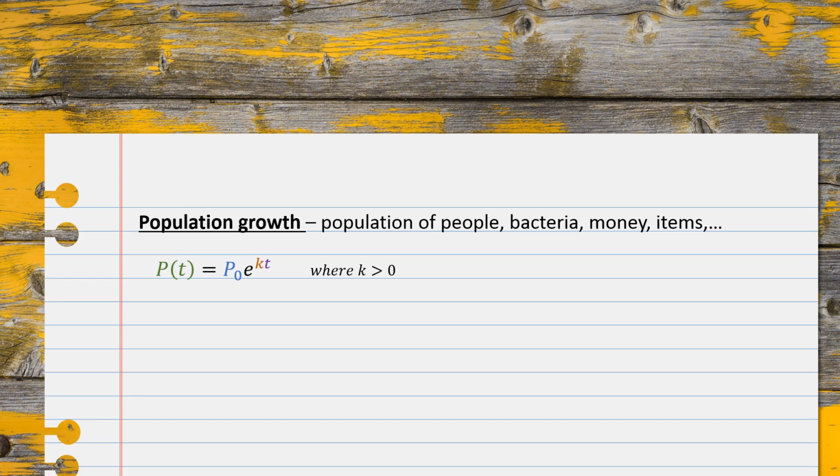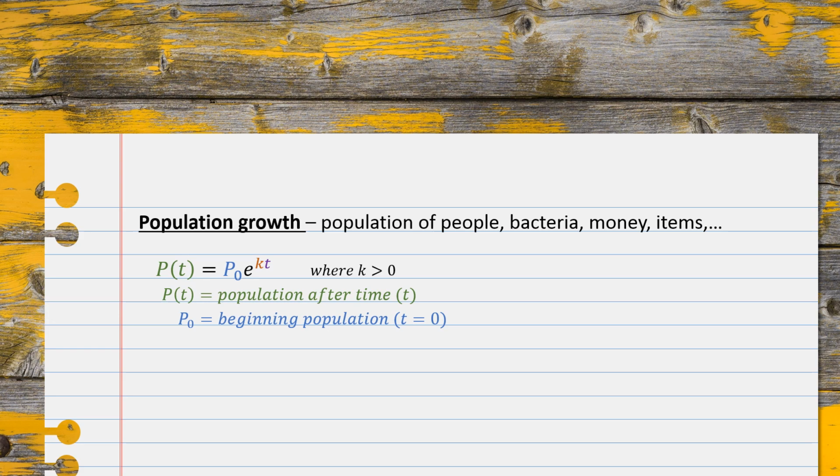Now, this is a new equation, so let's make sure we understand all of those parts. P of t means the population after a certain amount of time. Next, P naught. That basically is P with a sunken down 0. Simply means the beginning population when time equals 0. That's why it's P sub 0 or P naught. It just means that's the very beginning.